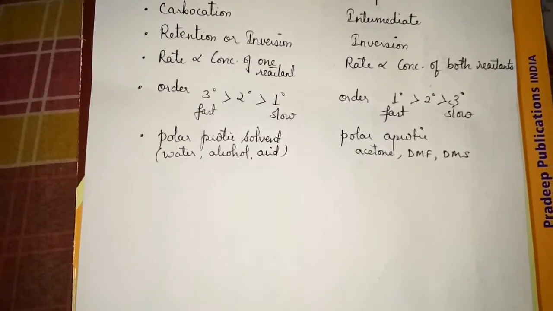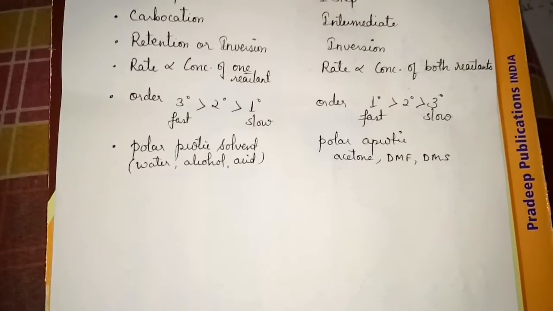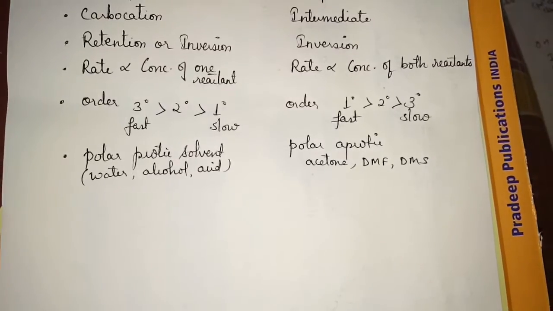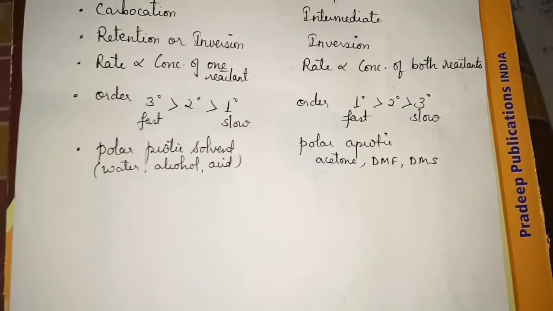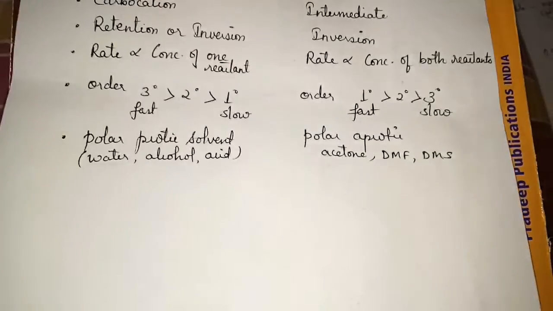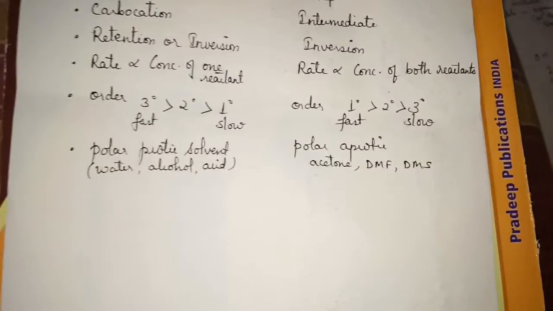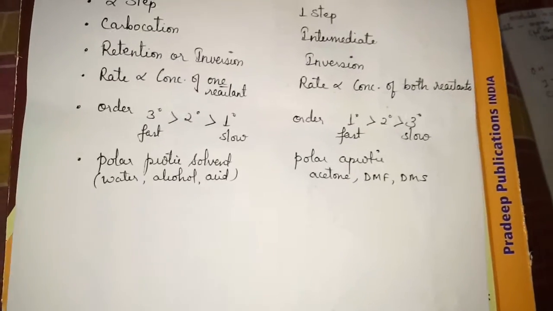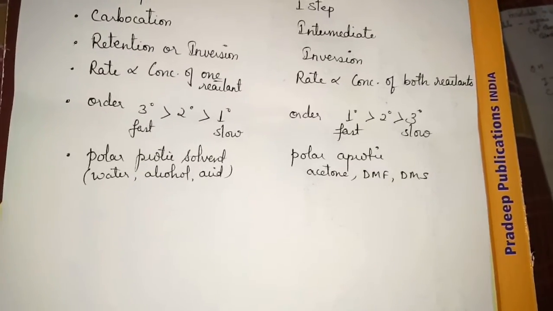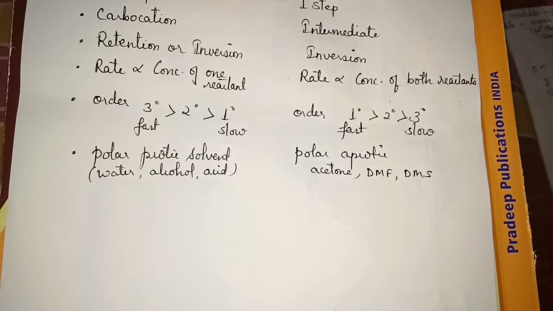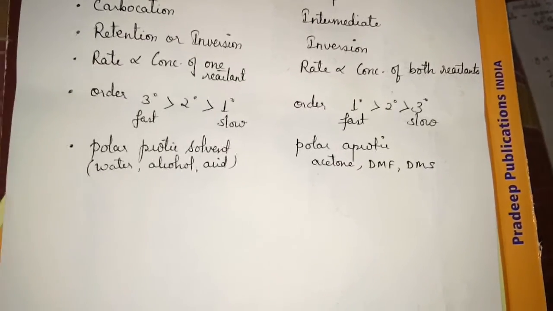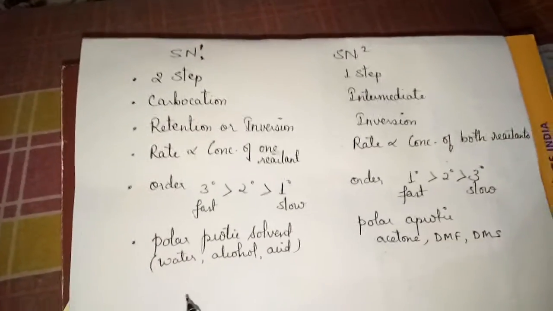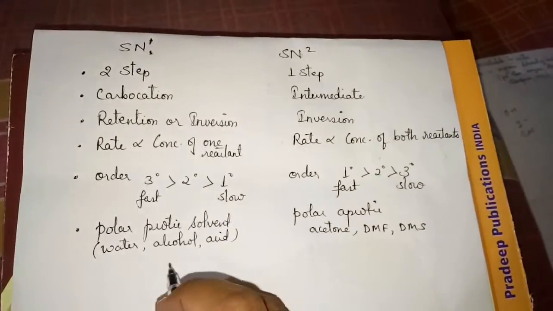In SN1, you need polar protic solvents like water, alcohol, acids, while in SN2, you need polar aprotic solvents like acetone, DMF and DMS. Clear? Now, DMF is dimethyl formamide, DMS is dimethyl sulfoxide.